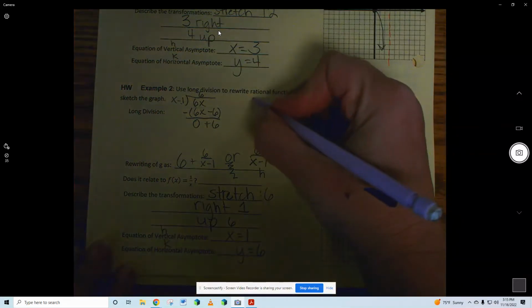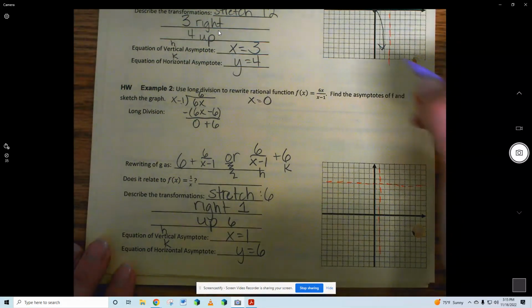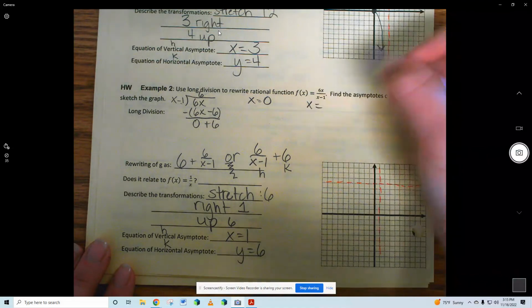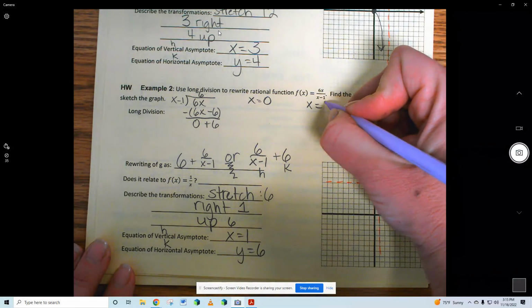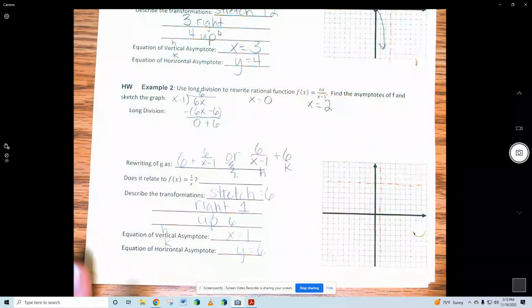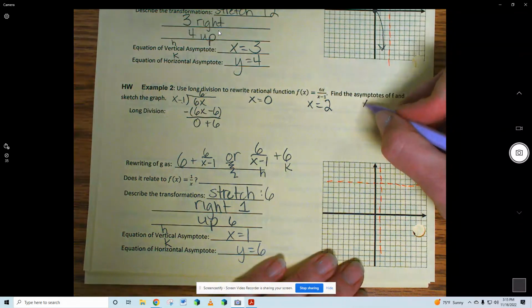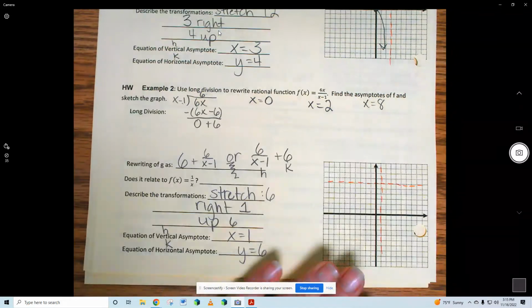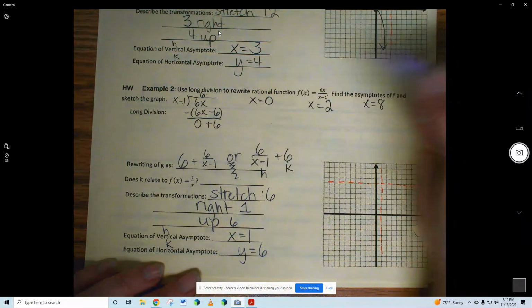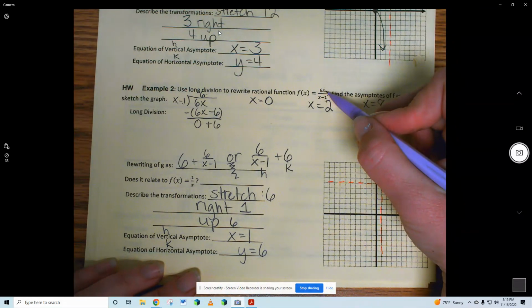So I could do x equals 0 for sure. 2. Give me another one bigger than 1. 8. I heard someone say 8. Why not? Anything you want. Plug it into the original function up on top.